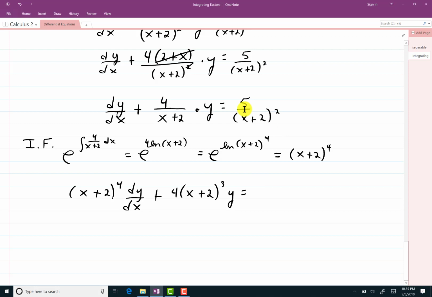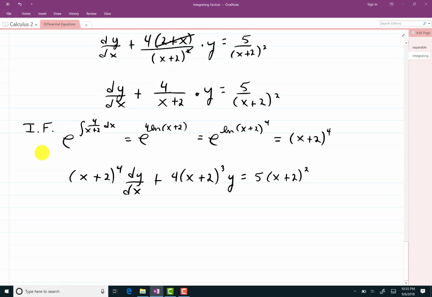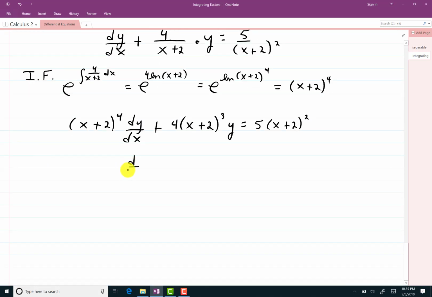And on the right hand side, I'll get 5 times (x plus 2) squared. And you can see it working. The derivative of this piece is 4 times this thing to the third power. See it? 4 times that to the third. So the left-hand side compresses very nicely. I get d over dx of (x plus 2) to the fourth times y, and that equals 5 times (x plus 2) squared.